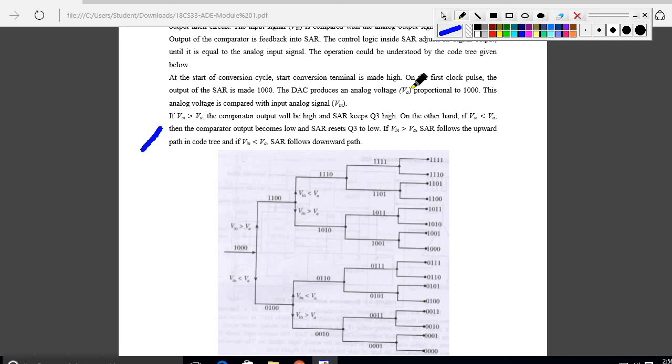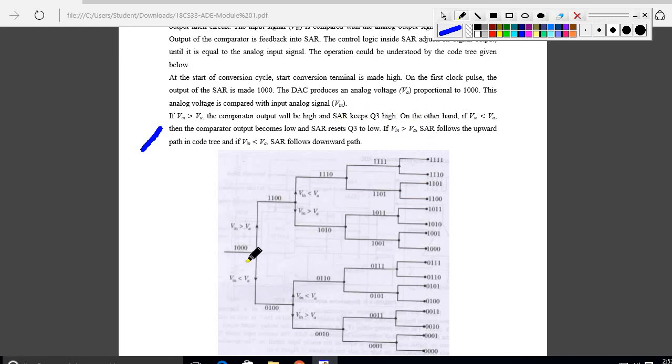The DAC produces an analog voltage VA proportional to this 1000. This analog voltage VA is compared with Vin. If Vin is greater than VA, the comparator output will be high, and the SAR keeps Q3 high.